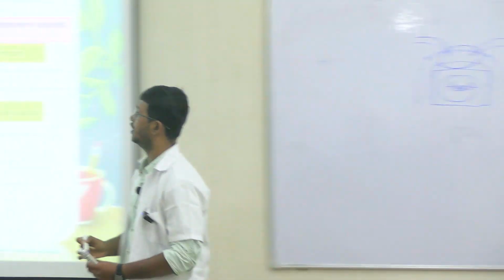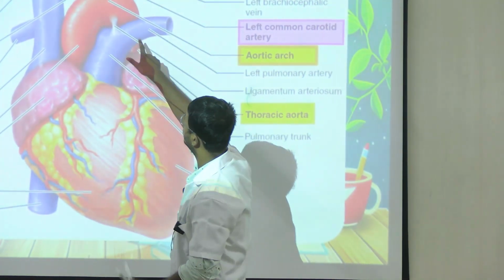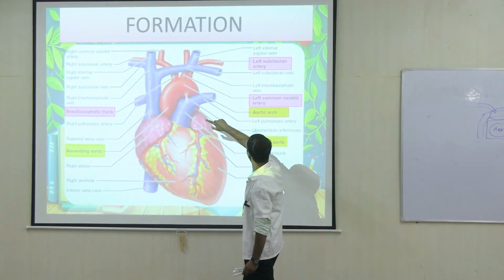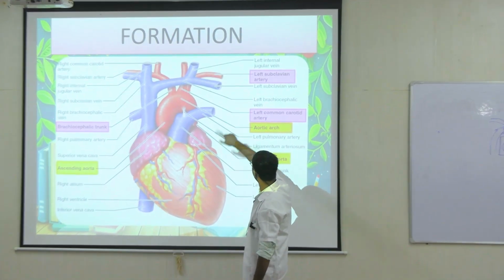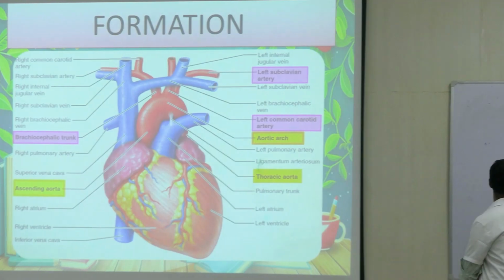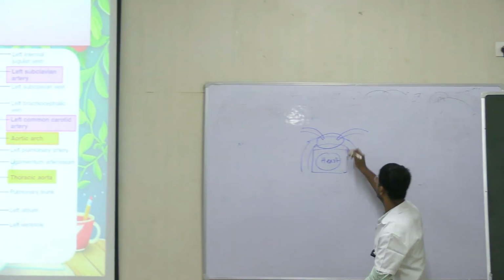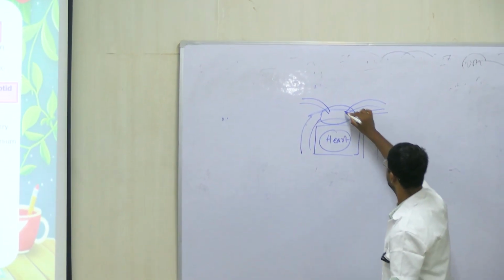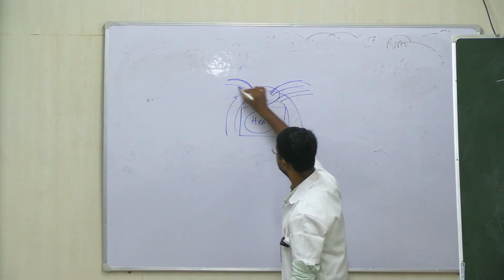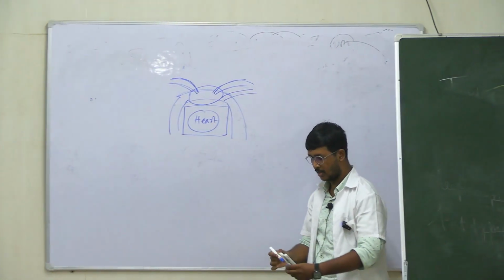Let us see in this picture. Here you can see from the arch of aorta, one brachiocephalic trunk comes, and your left subclavian artery and your left common carotid artery come. So from the arch of aorta, your left common carotid artery comes, your left subclavian artery comes, and your brachiocephalic trunk comes. Right?